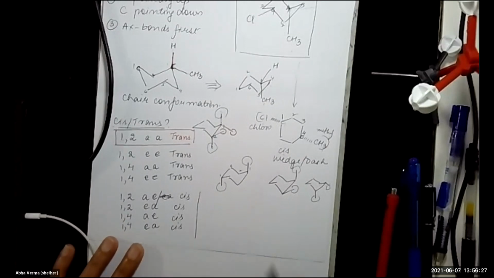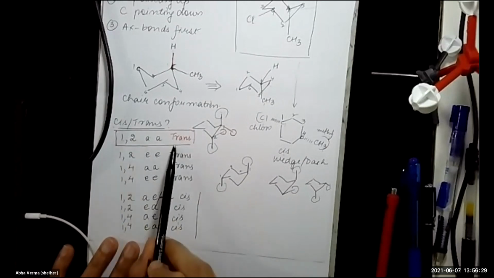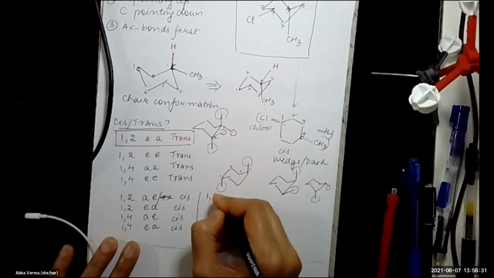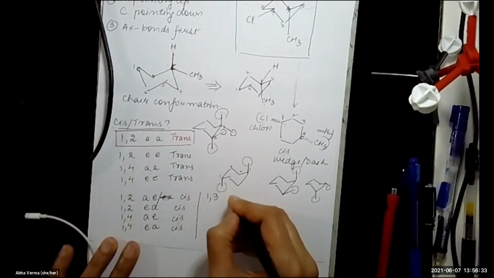But what about 1, 3? 1, 3 will also be opposite of 1, 2 axial.